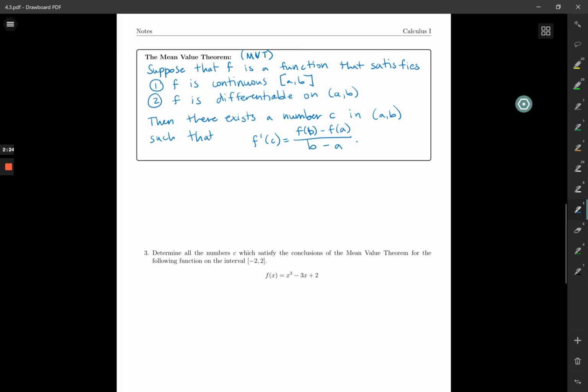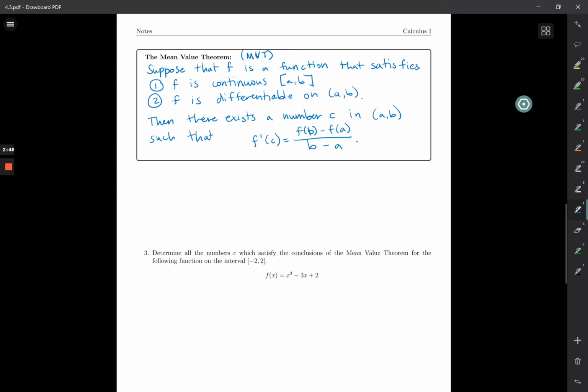So that f is continuous on the closed interval and differentiable on the open interval. Those are exactly the same as Rolle's theorem. And then the conclusion is different. So instead of having a number c where the derivative is equal to 0 at c, we have that the derivative is equal to this thing. So this should actually look familiar, hopefully.